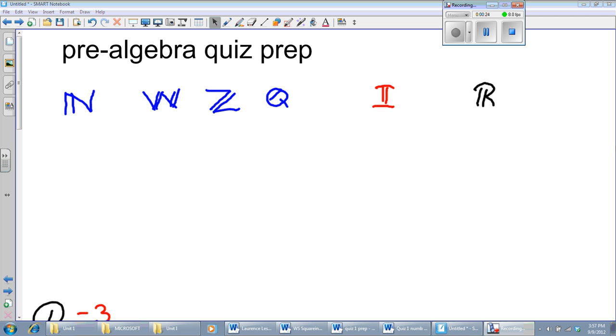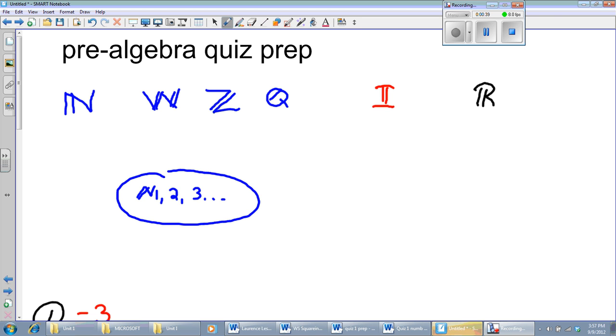Remember the natural numbers? The natural numbers were things like 1, 2, 3, on forever, right? And they didn't include any negatives, no fractions, or anything like that. Those are the natural numbers. And then we introduced the whole numbers, which were just like the naturals, except they went 0, 1, 2, 3, no fractions, no decimals.